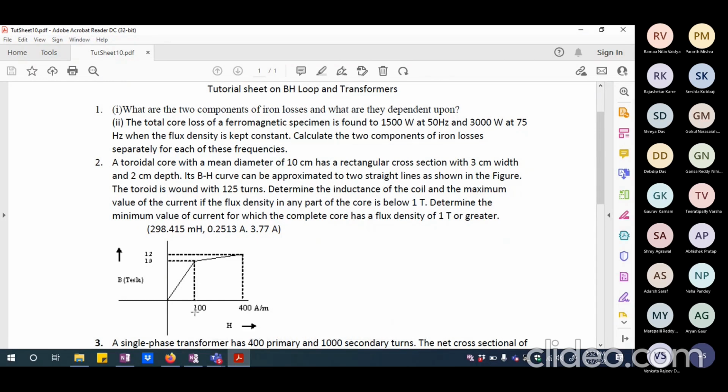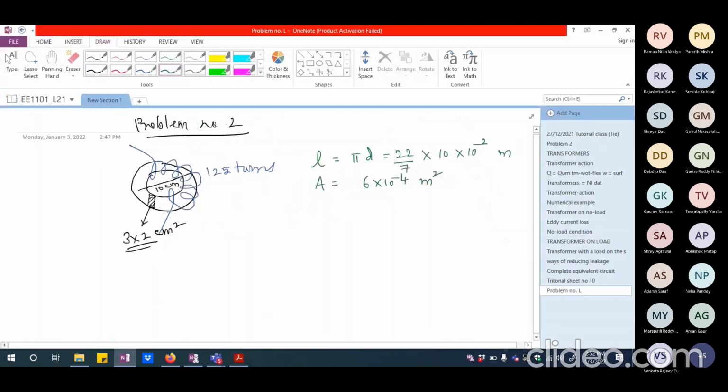That is the maximum H value that I can have. So for 1 Tesla of flux density, maximum H equals 100 ampere per meter. This is what is given.